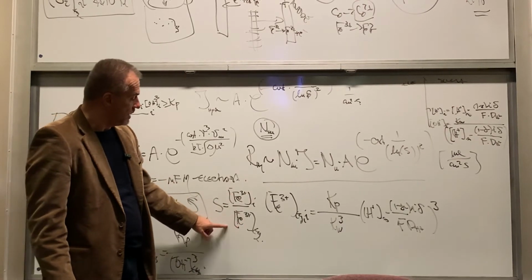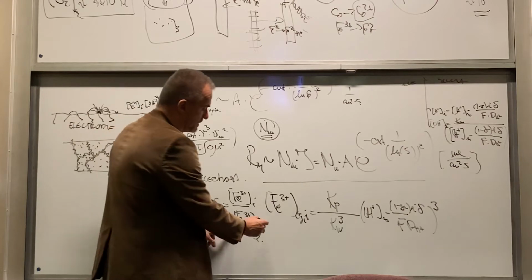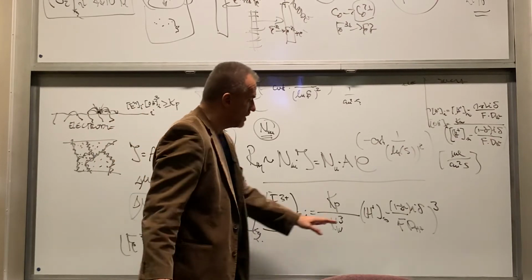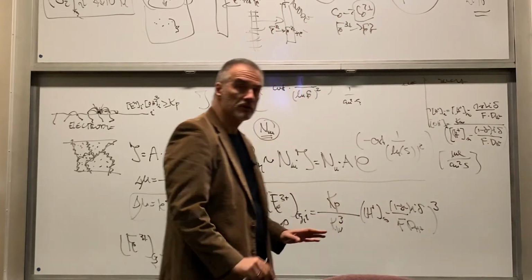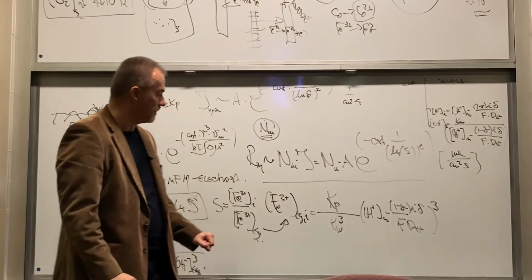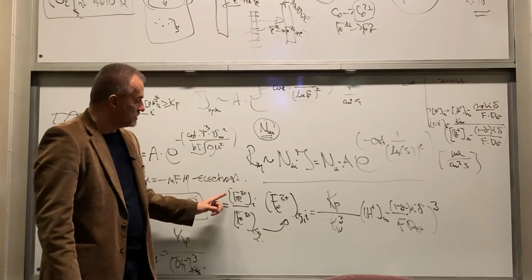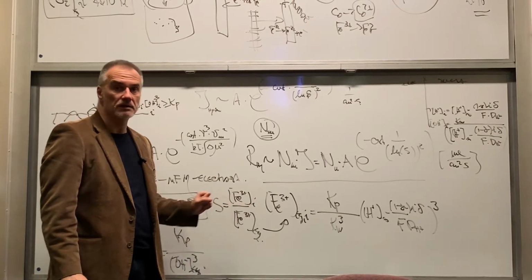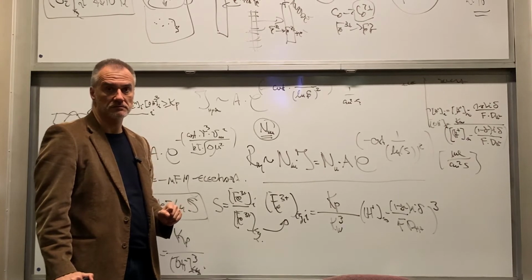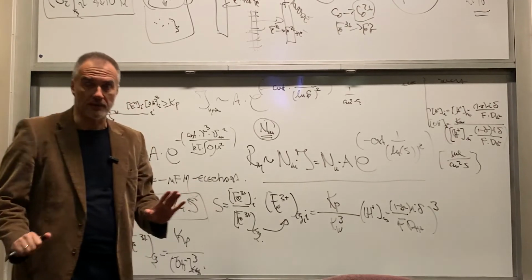Okay? So now I know this is equal to this for our process, for delta, current density, and gamma. We know what it is. But the question is, what is this iron 3 concentration at the interface?